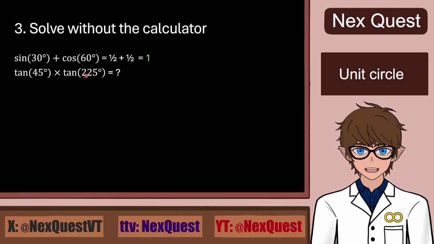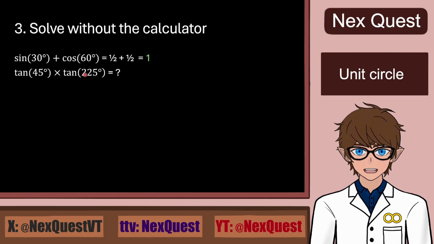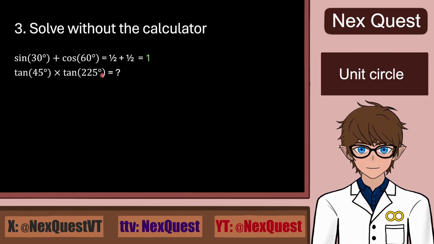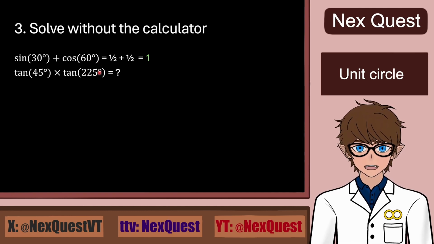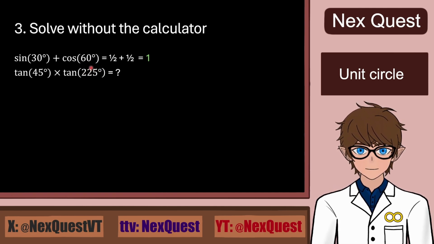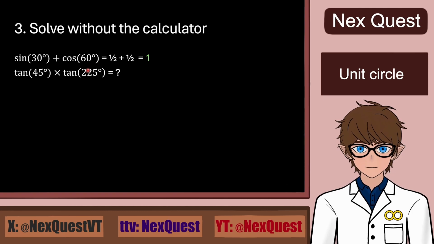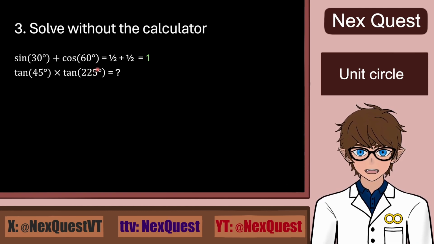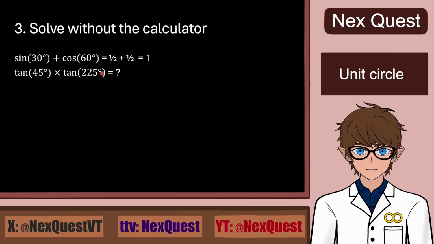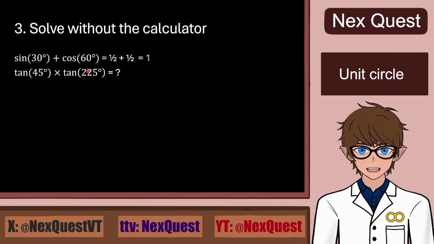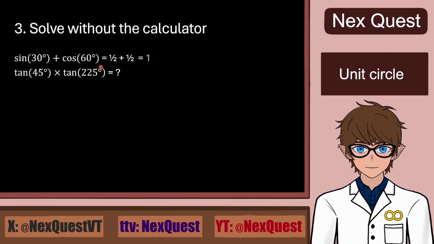Now for the second one, since it's more than 180 degrees, and we know that the period of the tangent graph is 180 degrees or π, we can subtract 180 from this angle and we will get 45. And tangent of 45 is 1, so we get 1 times 1. You can fact check that in your calculators to make sure that you solved it correctly.